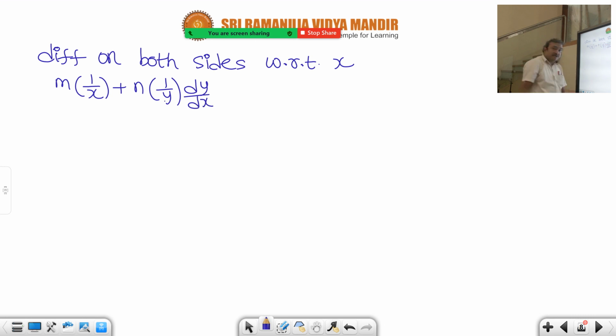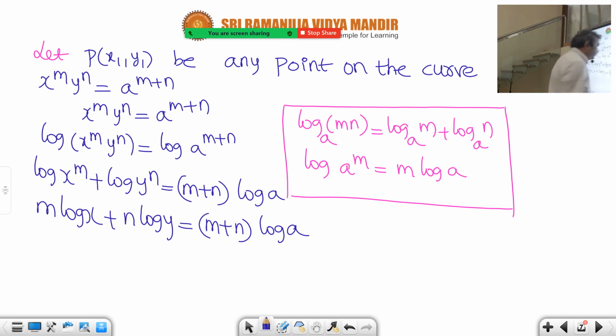Y, see, look here children. Y with respect to x is dy by dx. And after that, if you look at right hand side, it is m plus n log a. This entire thing is the constant. Derivative of constant. Yes, look here.